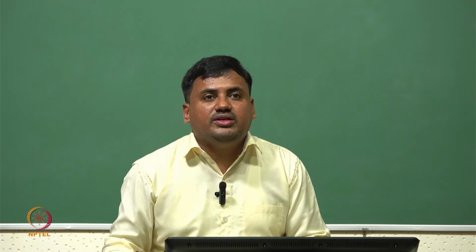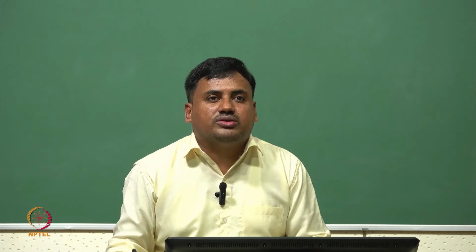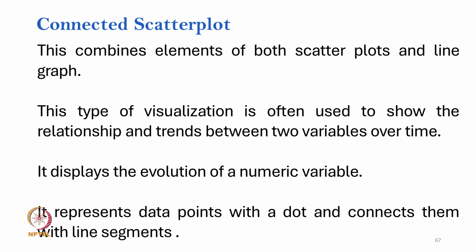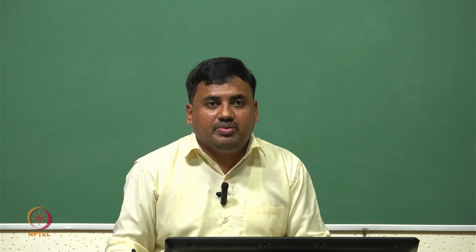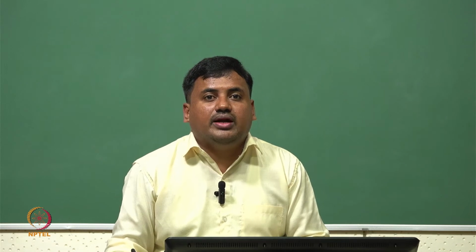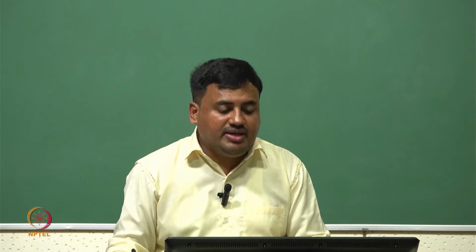Another type of visualization is the connected scatter plot. It combines elements of both scatter plots and line graphs. This type of visualization is often used to show the relationship and trends between two variables over time. It represents the data points with dots and connects them with line segments.